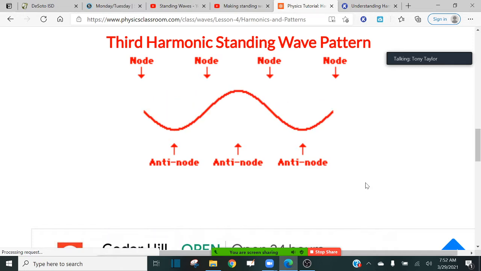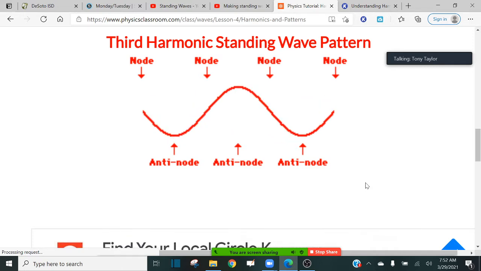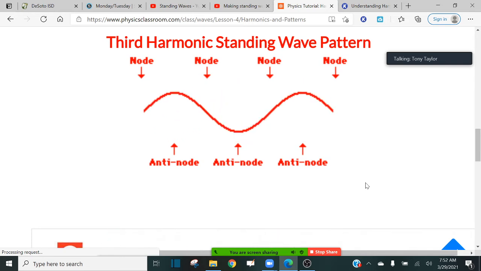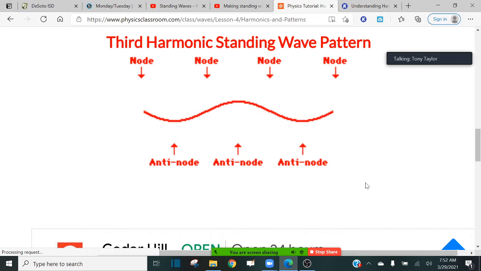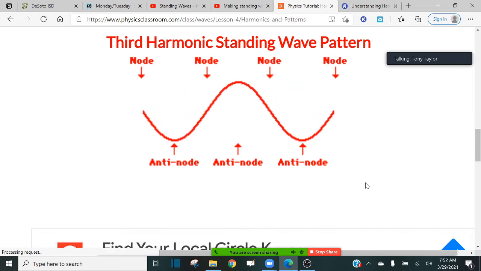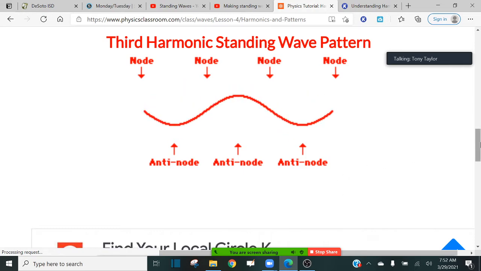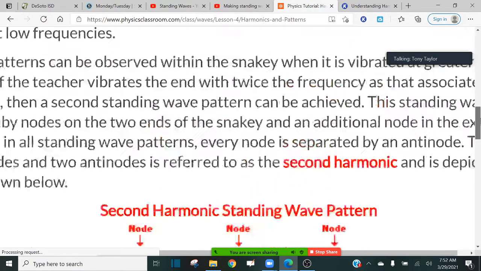So you get the pattern. If you have a wave that's vibrating at the fourth harmonic, it would have four antinodes. At the fifth harmonic, five antinodes. If you can imagine a wave vibrating at the 100th harmonic, it would have 100 antinodes. So I'm going to say that again.